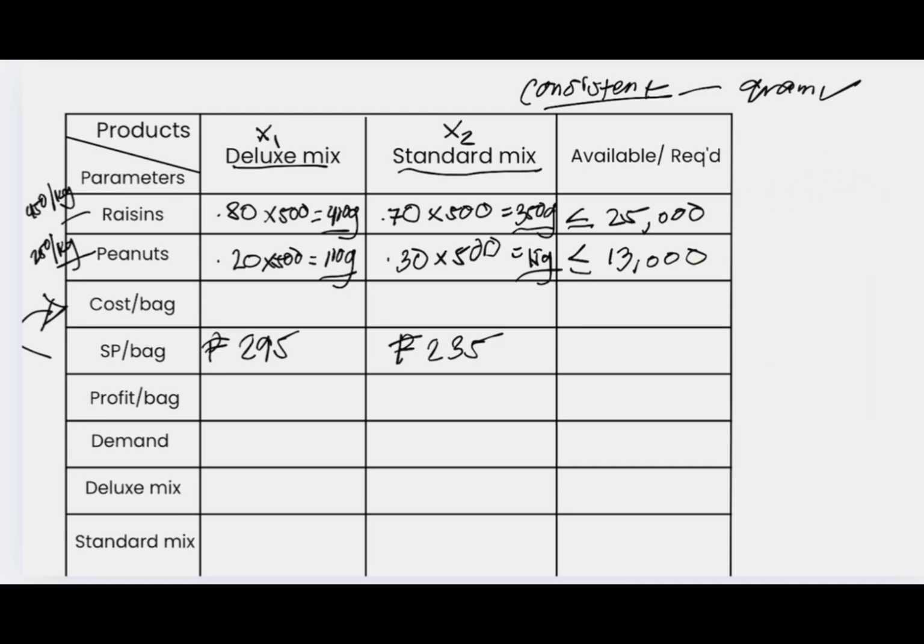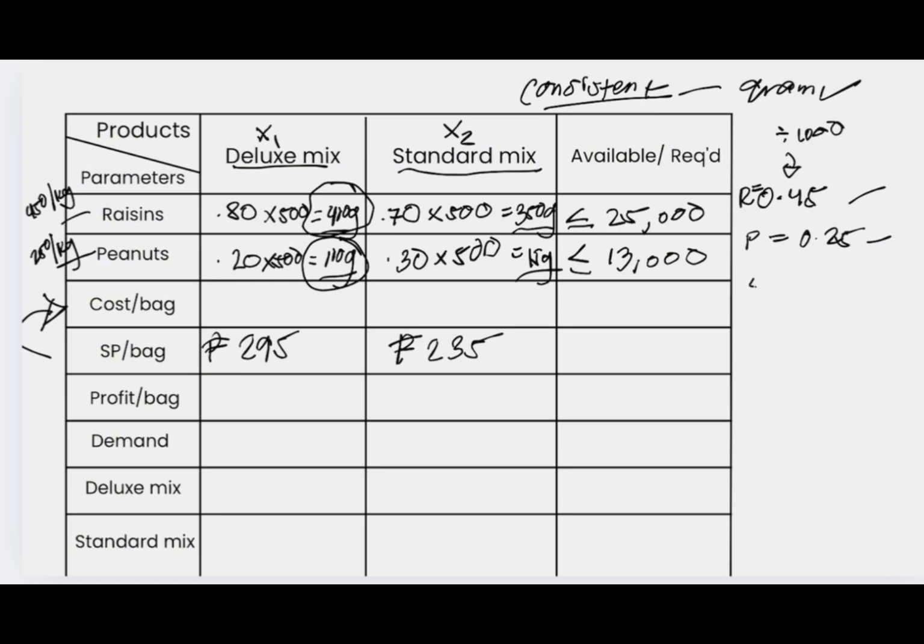What we'll do is multiply the raisins and peanuts amounts by these values, 0.45 for raisins and 0.25 for peanuts, since we divided by 1,000. That's why it became 0.45 and 0.25.